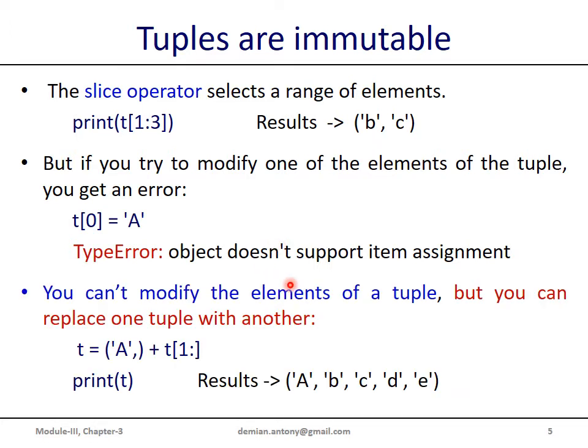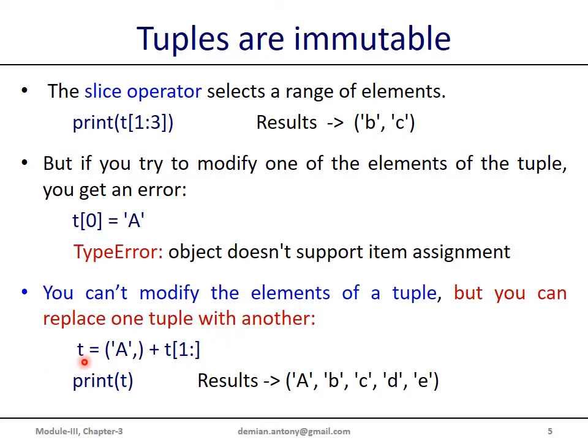If you want to modify the entire tuple, that means if you want to replace one tuple with another tuple, you can do so by using the concatenation operator plus. Here is one simple example.